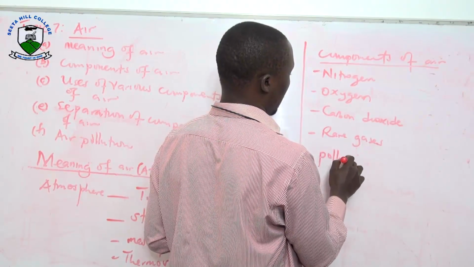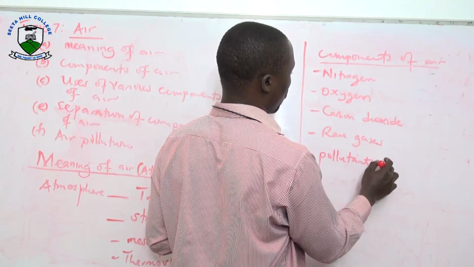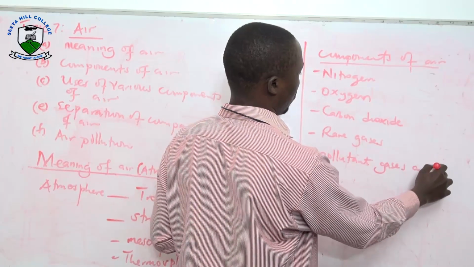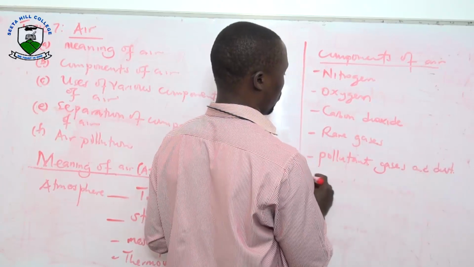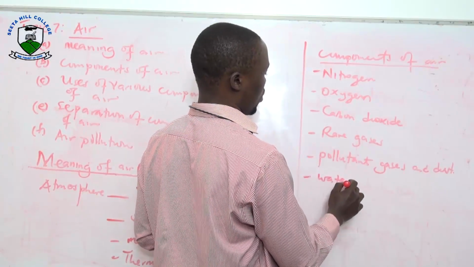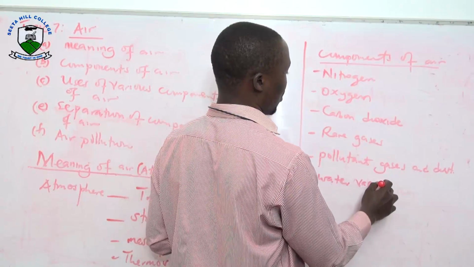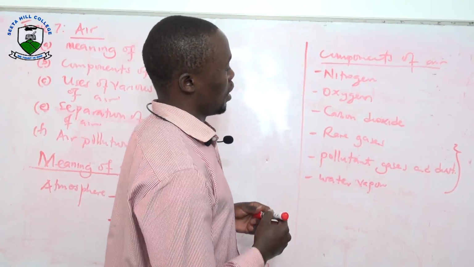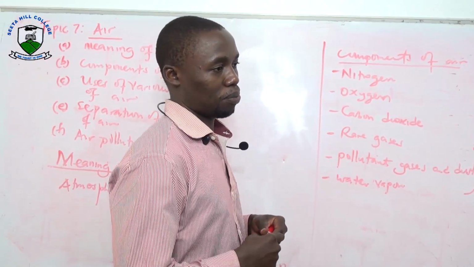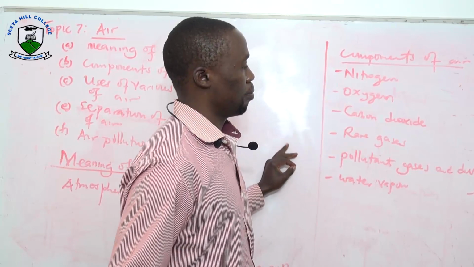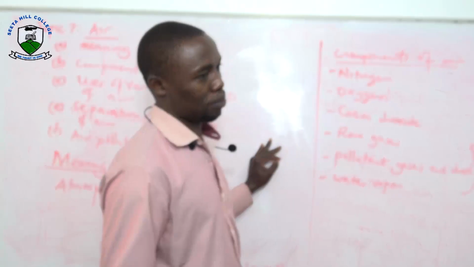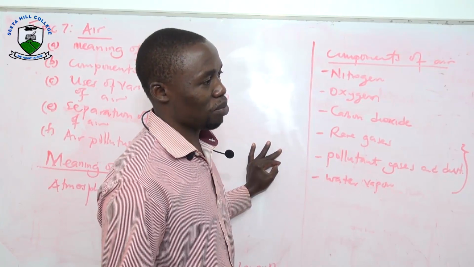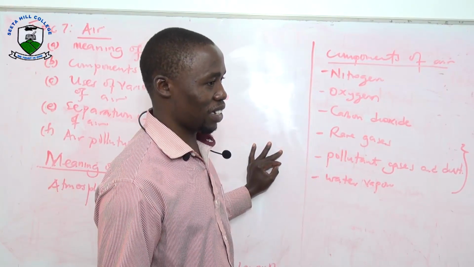Pollutant gases are also there in that atmosphere, including dust. And what else? Water vapor. But remember that they only carry a small portion of the atmosphere. These are very, very tiny in the atmosphere. Why? By nature, if you are not very important, you can't be made a lot in nature.